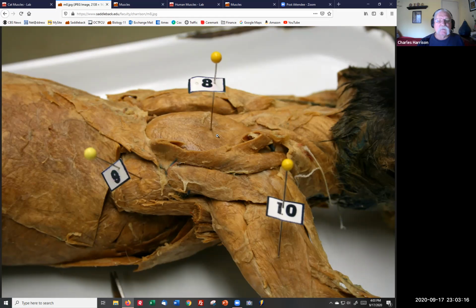And the upper part above the spine is the supraspinatus. Where's the spine? The spine is right in here. Everything's still attached to it. And the area below that spine here, number 9, is the infraspinatus. 10 is another triceps brachii.